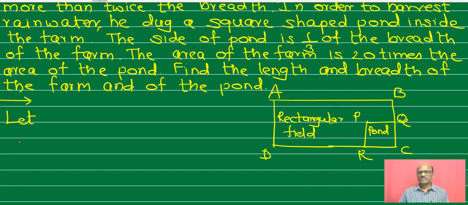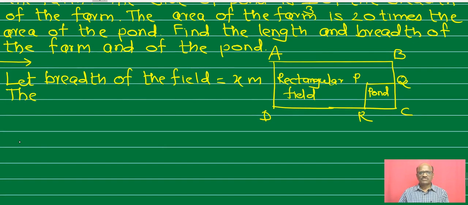This is the square shape and its side is x upon 3. Therefore its area is x upon 3 bracket square. The breadth of the field is equals to x meter.